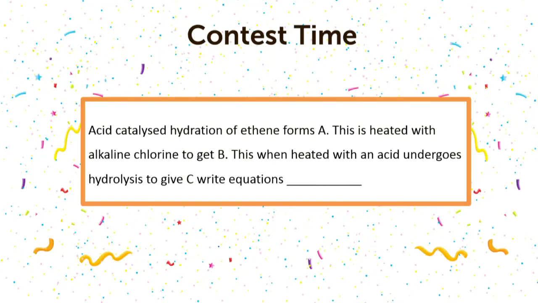So, here is a question contest. It is a contest time. Here is the question. Acid catalyzed hydration of ethene forms A. This is heated with alkaline chlorine to get B. This, when heated with an acid, undergoes hydrolysis to give C. Write equations.